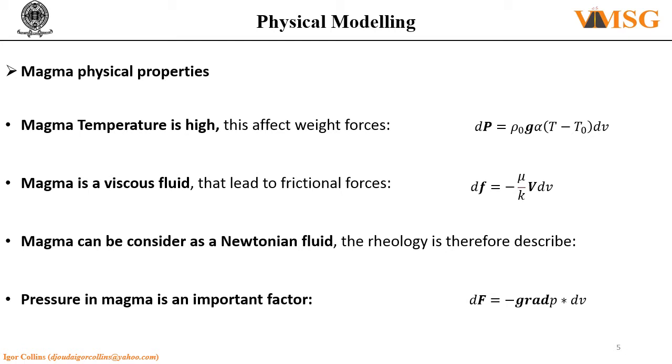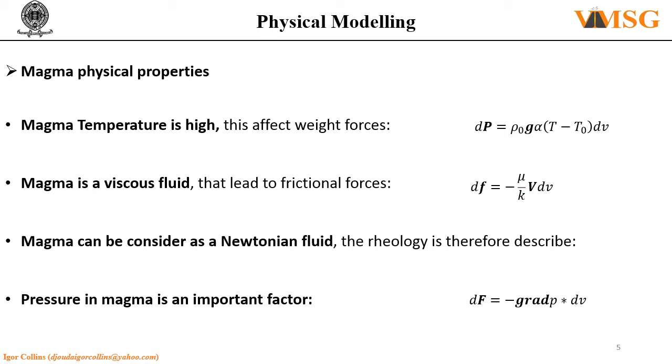Therefore, we take into account the frictional forces, which are described by this relation, where U is the viscosity and K the permeability parameter. Magma can also be described as a Newtonian fluid. It is important to know that a Newtonian fluid is a fluid whose viscosity is constant for different rates of shear and doesn't change with time.